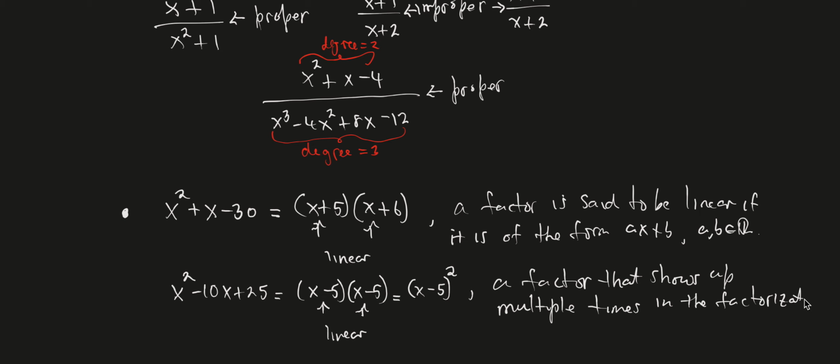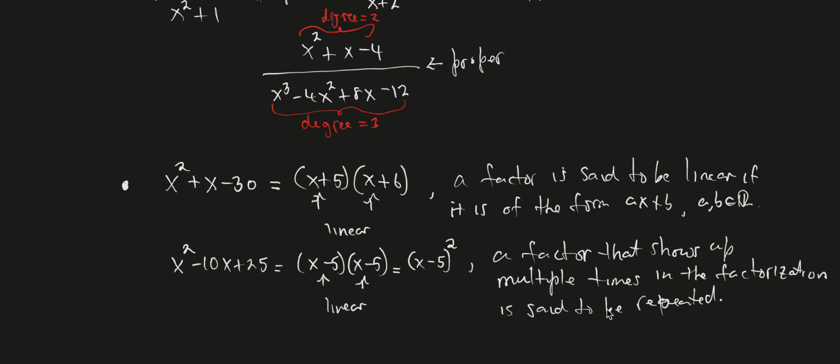So if it shows up multiple times in the factorization, it is said to be repeated. So it's a repeated factor, right?